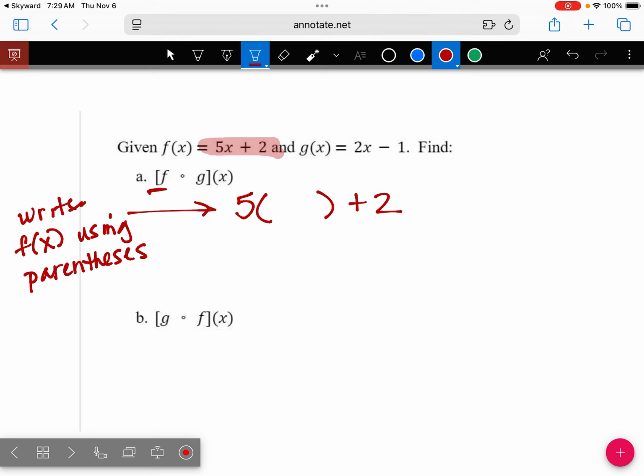Now into the parentheses, we're going to put g, 2x minus 1. Go ahead and distribute and combine your like terms. Multiply the 2x minus 1 by 5, and then combine your like terms.